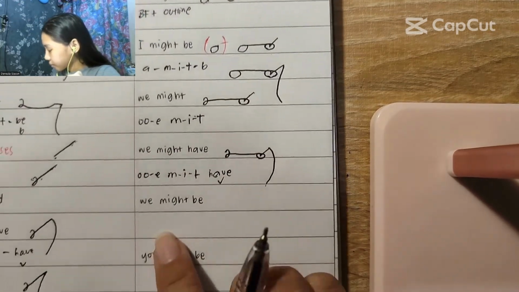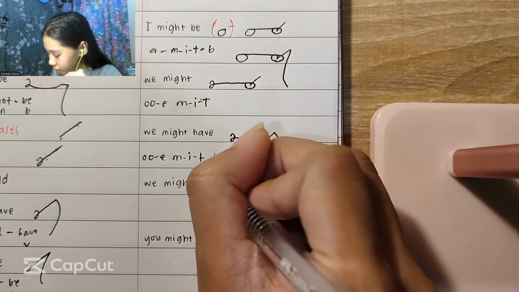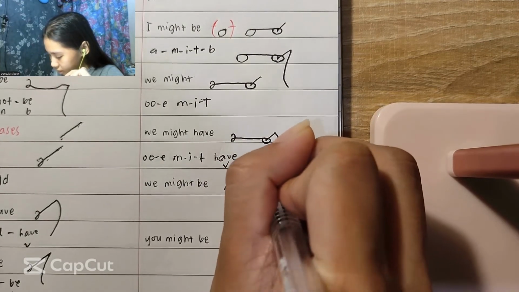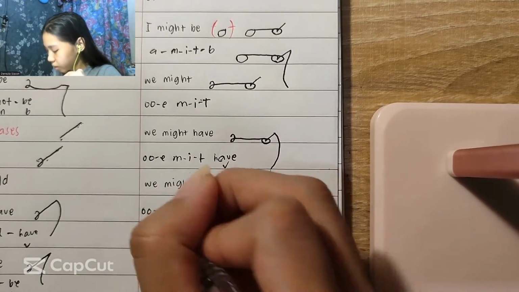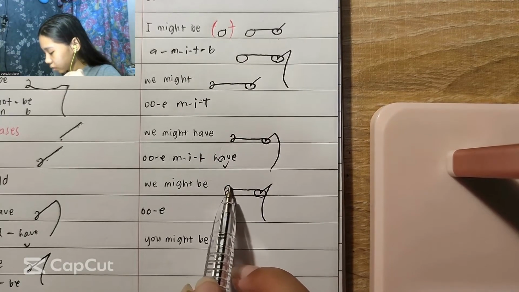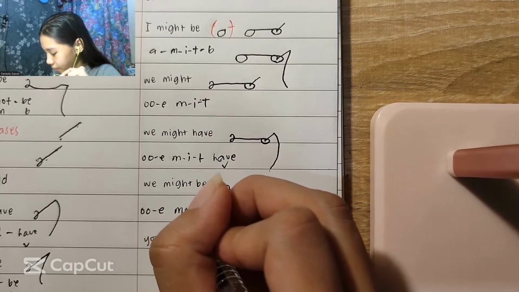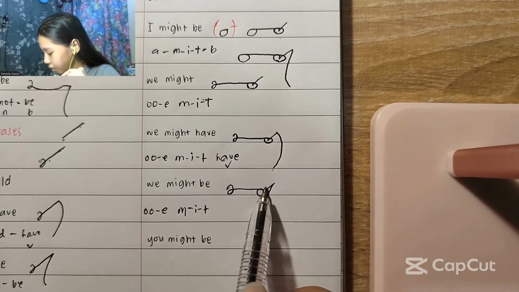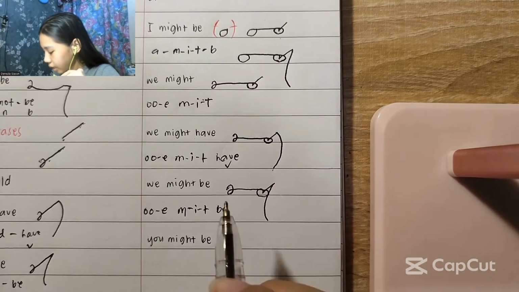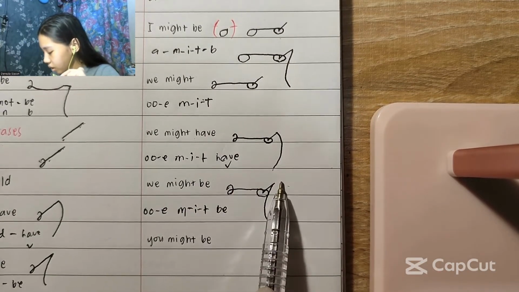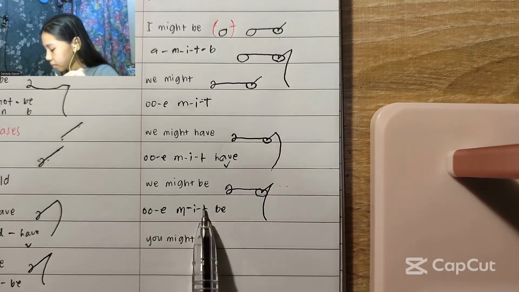We might be: UE-MIT-B. For our brief form B, we have the long downward curve facing to the left, the B symbol.